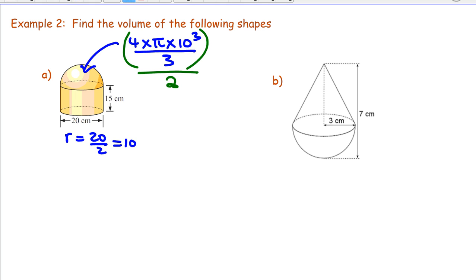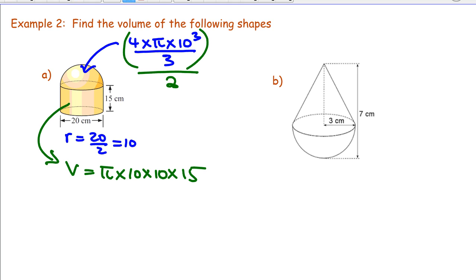And then here, what I have is a cylinder. So this is a cylinder. For a cylinder, the volume is pi multiplied by 10 multiplied by 10 multiplied by the height. Remember, it's a prism.